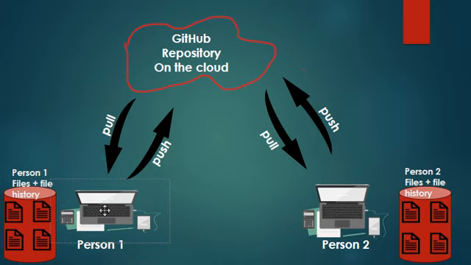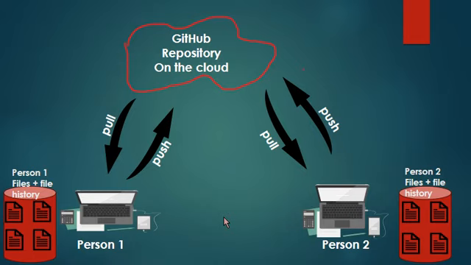So person 1 is going to make certain files, then he's going to push those files to his GitHub repository on the cloud. Then person 2 is able to clone all the files from there onto his local machine. Now, when person 2 clones these files, he's going to get all the files as well as the file history.